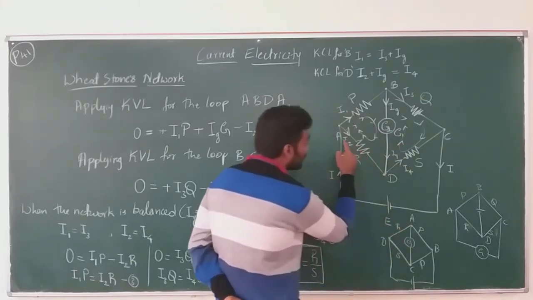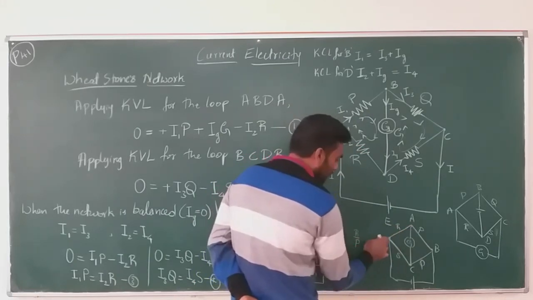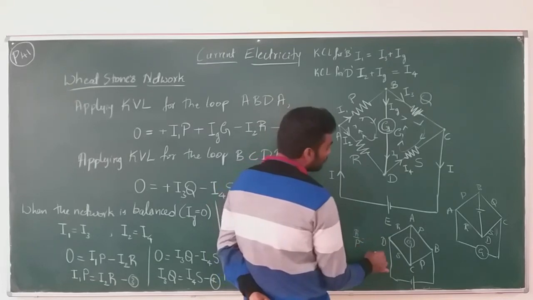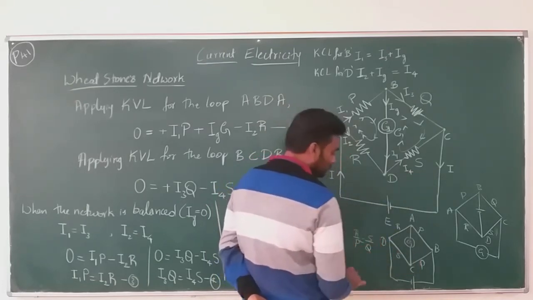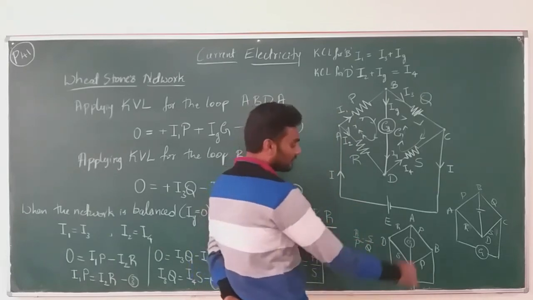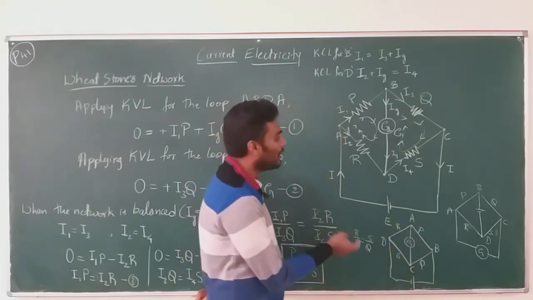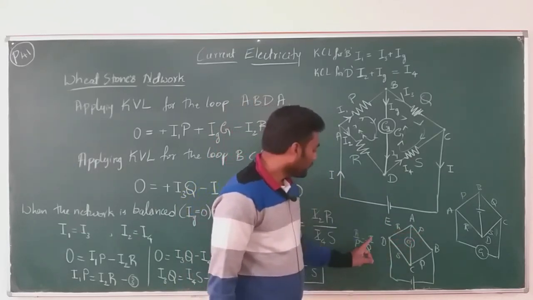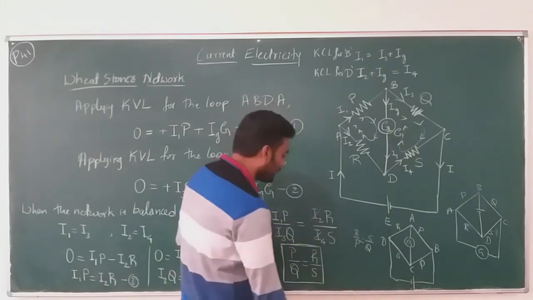For this, the balanced condition is, look at this, R by P is equal to S by Q. The balanced condition for this network after interchanging the cell and the galvanometer is R by P is equal to S by Q. Look at this, you just make a few rearrangements here.